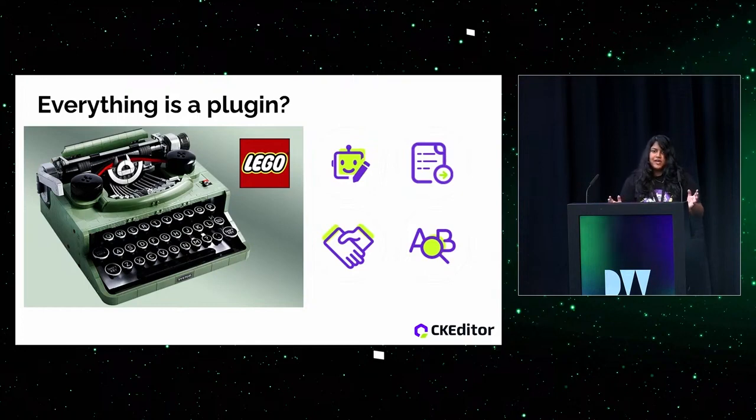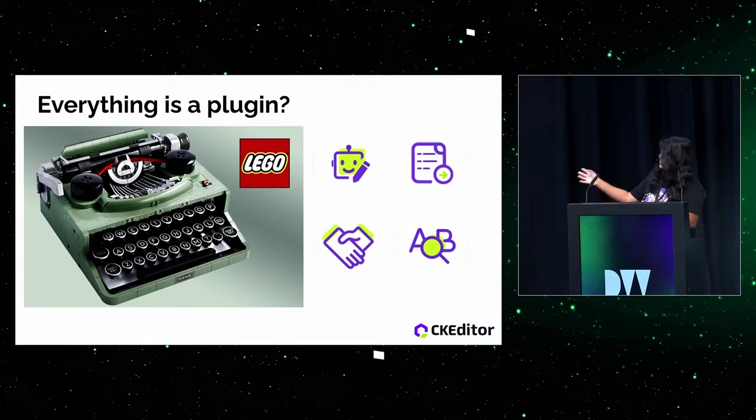The way I like to think about it is, if you've ever stopped by our booth, we're actually raffling away this Lego set. But think of it as a huge customizable Lego set for building websites or web components, where you can type and edit stories or messages.